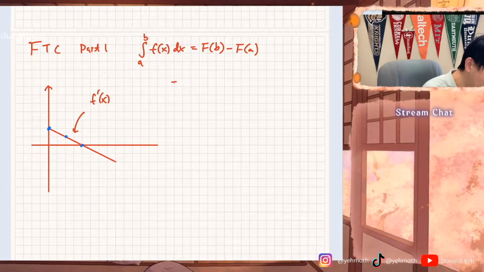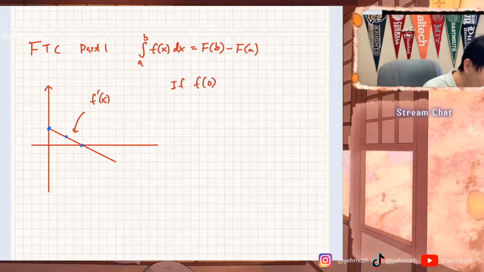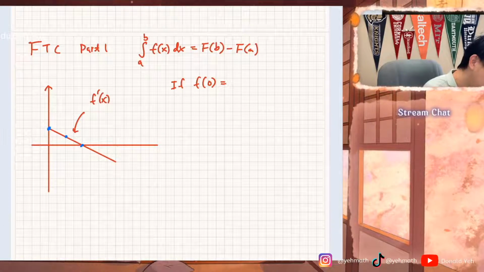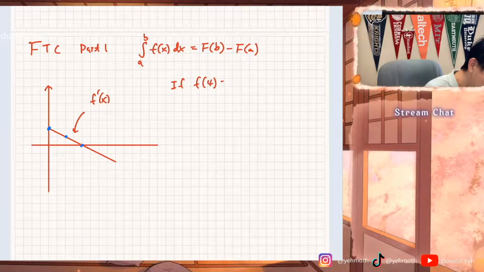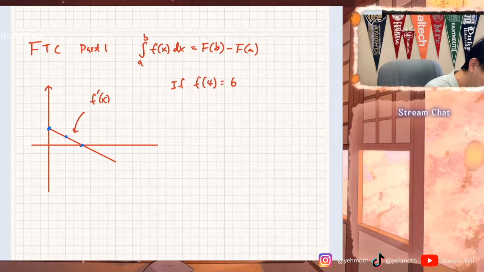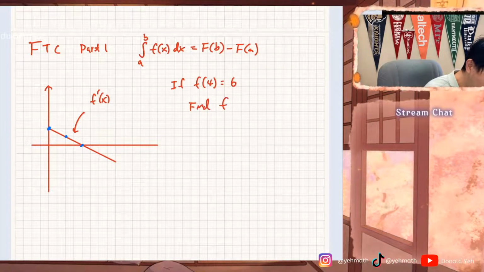So we said if f of 4 is equal to 6, can you find f of 0?